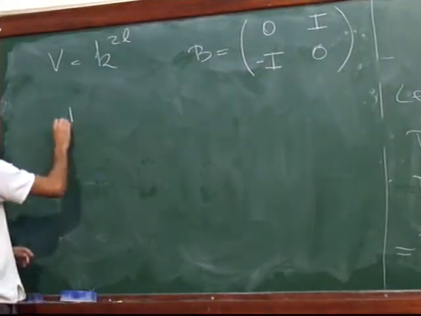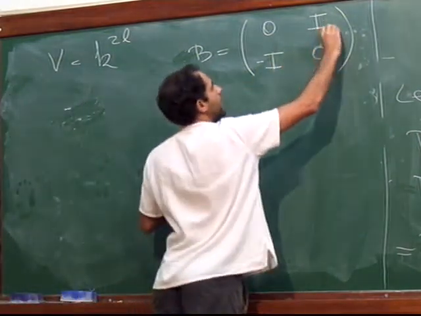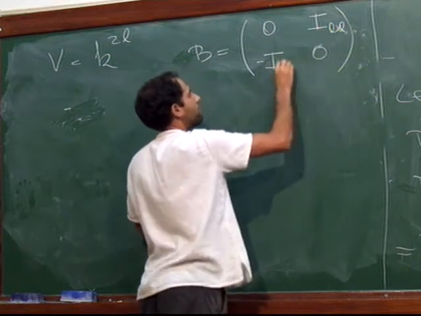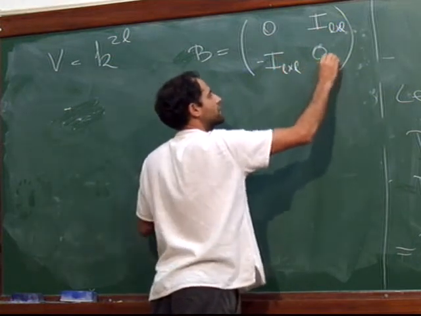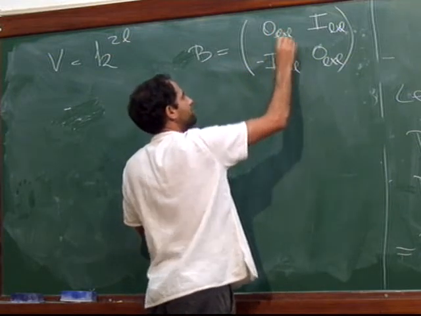Here I is an L by L matrix, and this is an L by L matrix, and this is the 0 matrix, the 0 L by L matrix.